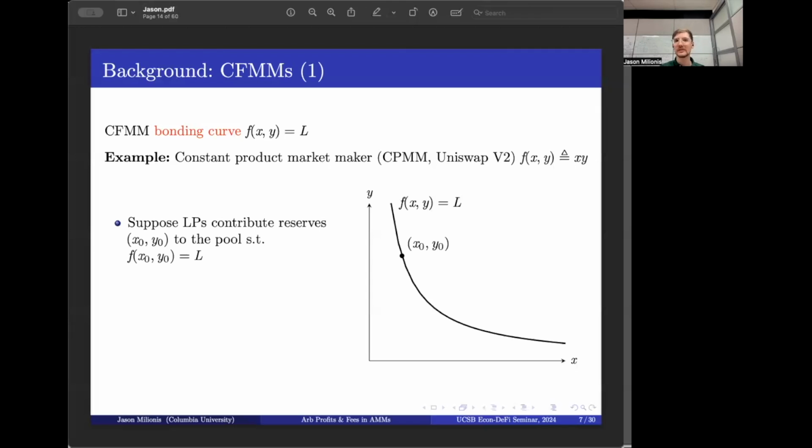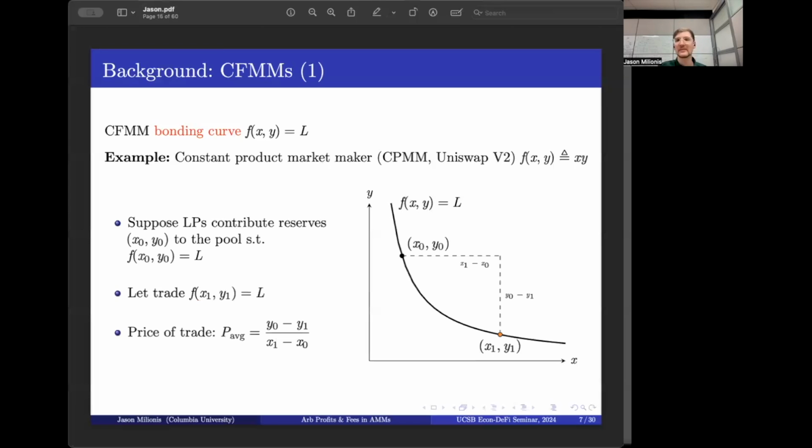Now, anyone who wants to perform a trade with this pool is going to pick some other point on this curve, for example, let's say the point (x1, y1), and is then going to move the AMM accordingly. So what does this mean?